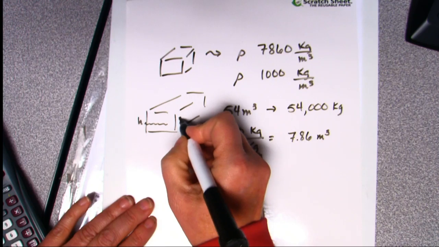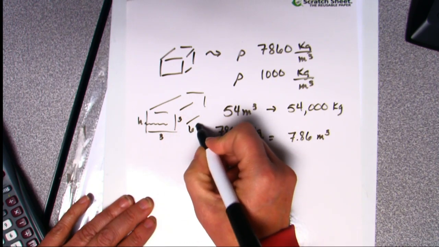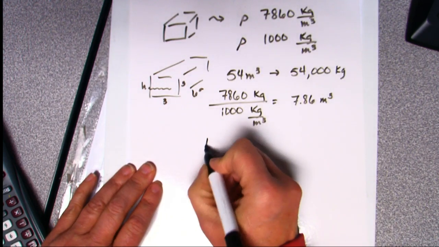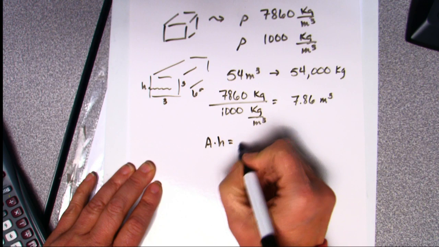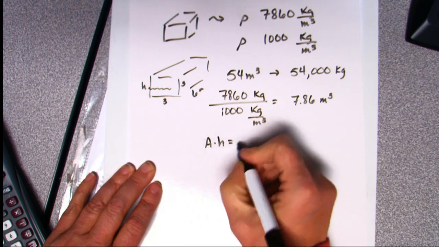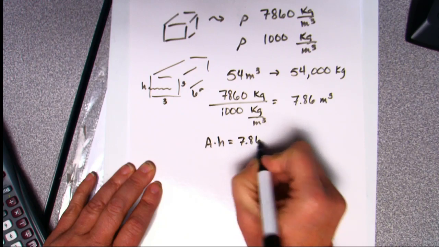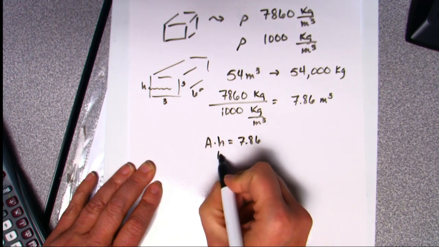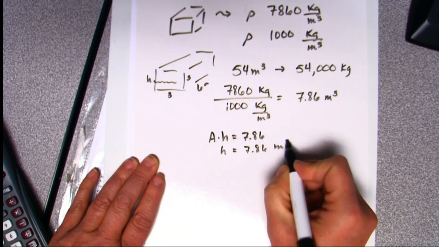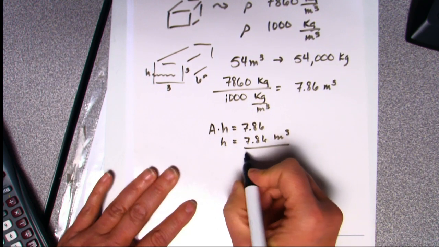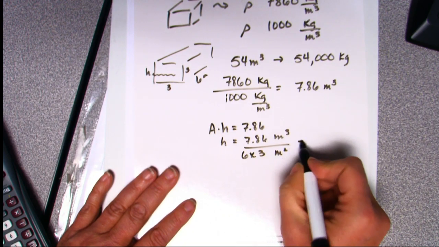And we said that this was 3 high, 3 wide, and 6 long. So area times height is going to be my volume, which we said is 7.86. So height is going to be my 7.86 meters cubed divided by my area, which is 6 times 3, meters squared.